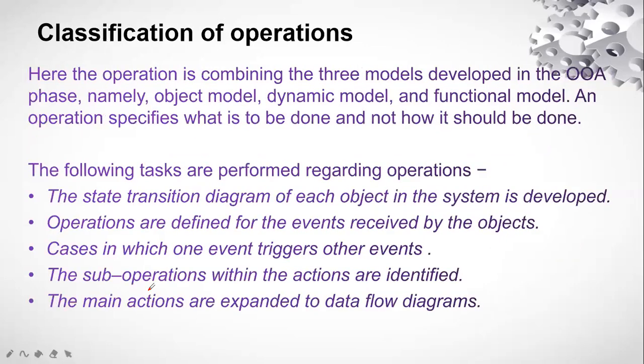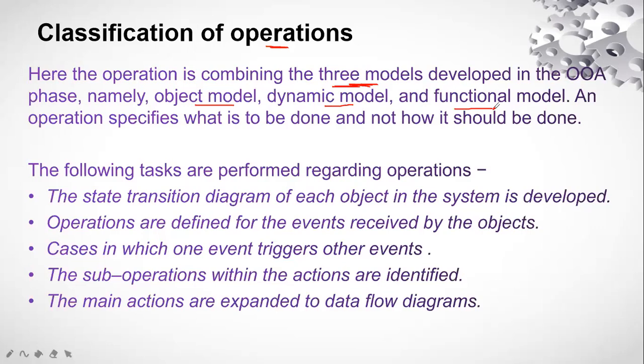Now moving to the third point, we have the classification of operations. What is this classification of operations? When we say operations, we are going to combine three models which we have developed in the analysis phase. What are the three models? They are the object model, the dynamic model, and the functional model. See, there is a difference. In the earlier part, object representation, we were only covering the dynamic model and the static model.